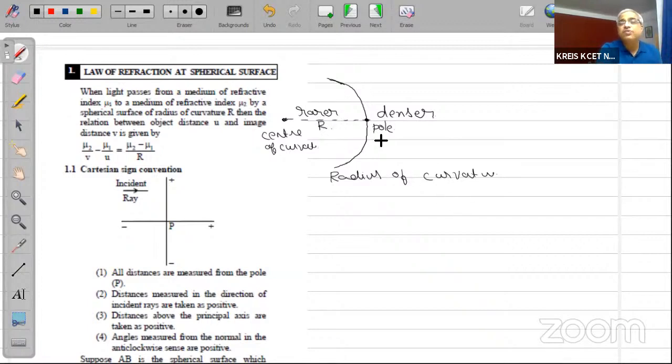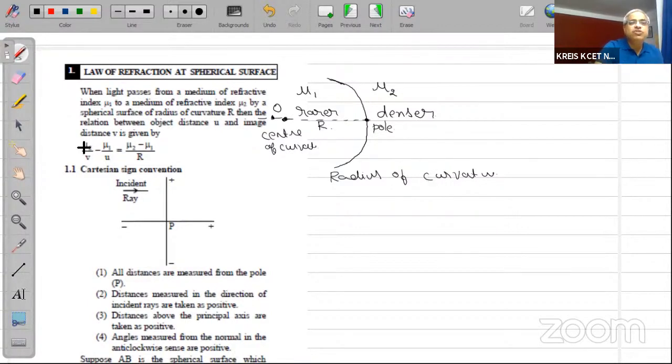Now, these are the few things that we already know. If there are two media, obviously the refractive index also should be known, isn't it? Let's say that this has a refractive index mu1, and this has a refractive index mu2. Then I also keep an object in the rarer medium, at some point here, at a distance u.